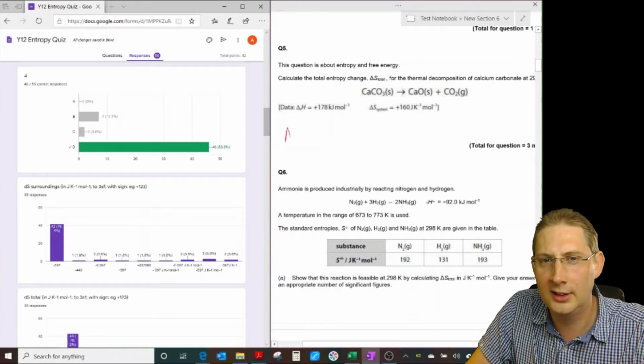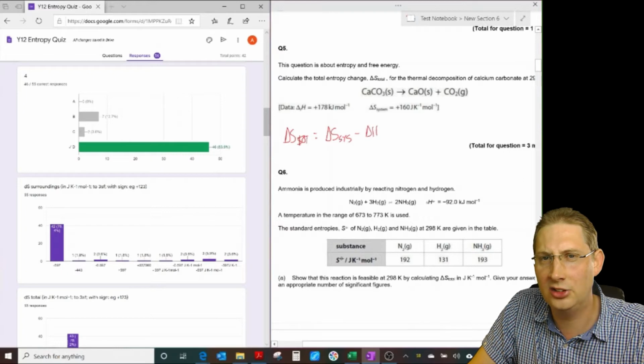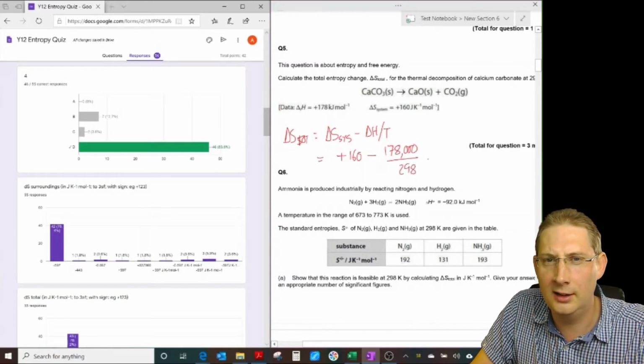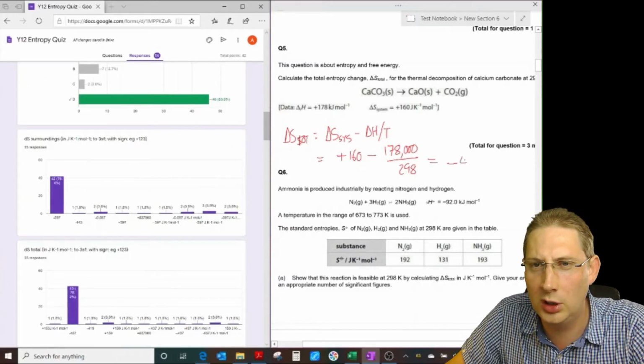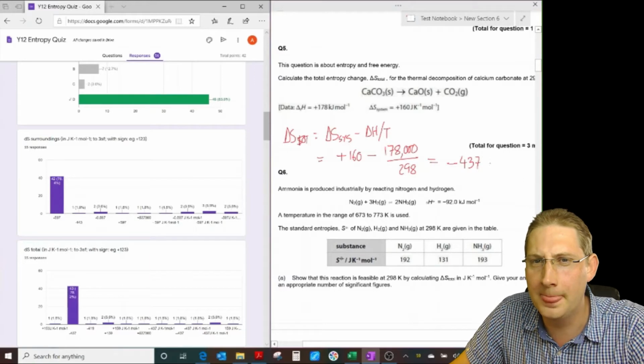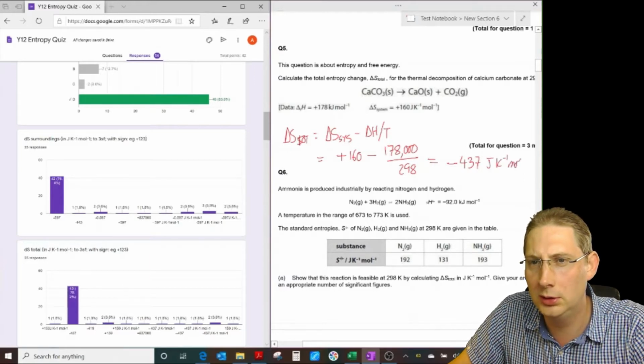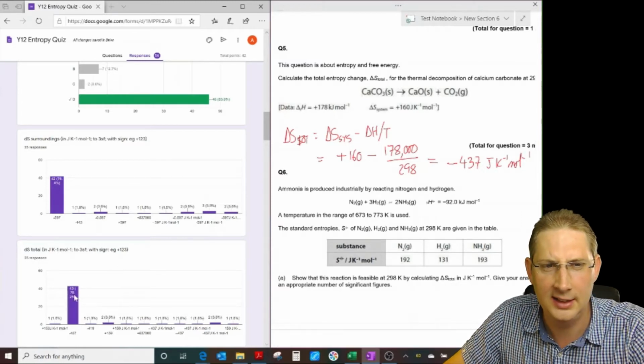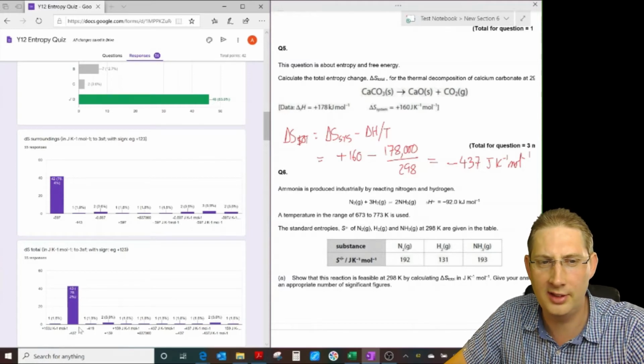Well, that's fairly straightforward. dStotal is dSsystem minus ΔH over T, which we just saw, which is plus 160 minus 178,000 divided by 298, and that should give the answer of minus 437.3 joules per Kelvin per mole, and that is what the vast majority of you got here. 78% of you got that correct answer.